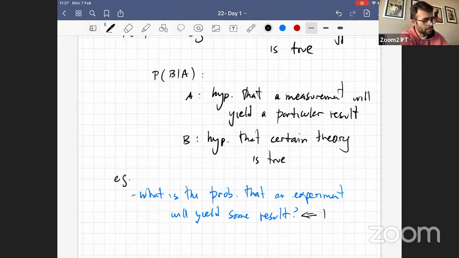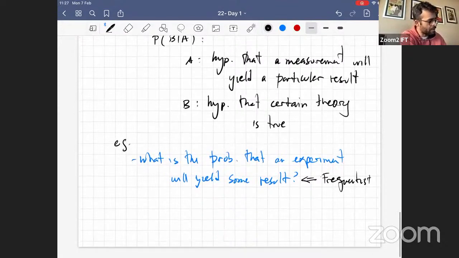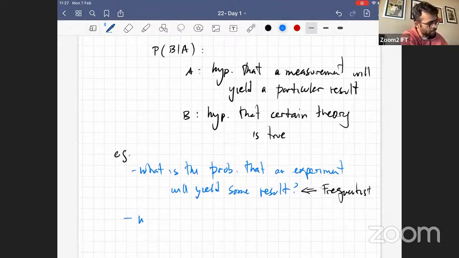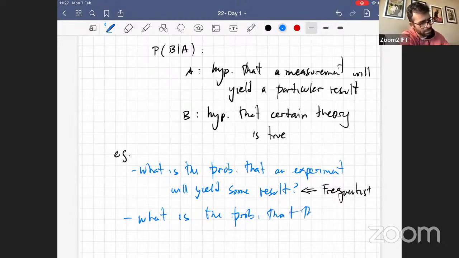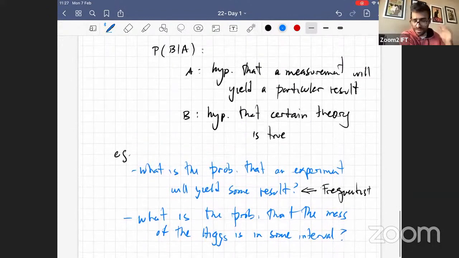Instead of this question, if I write the other question, then maybe it is clear. What is the probability that, I don't know, the mass of the Higgs is in some interval? Here, the mass of the Higgs is not something that you observe in an experiment.